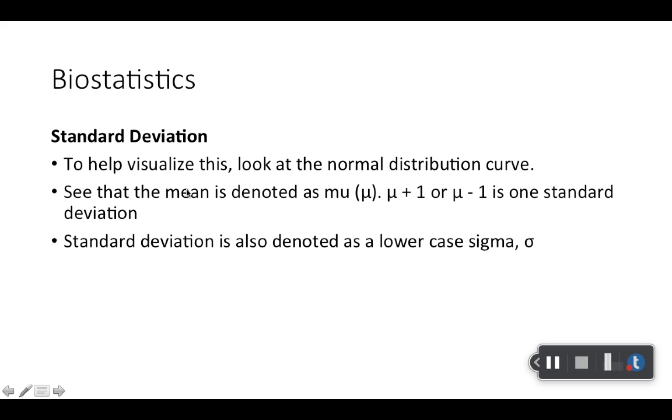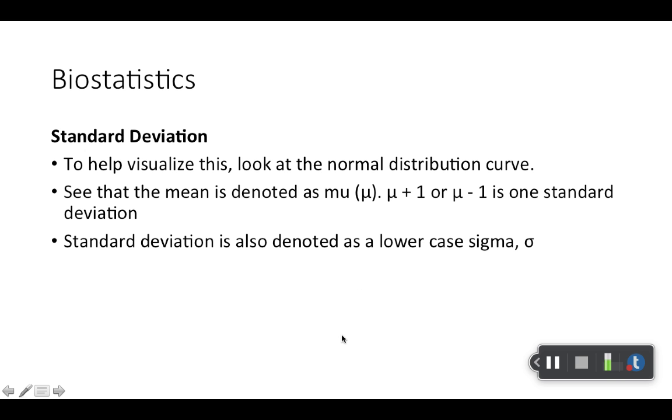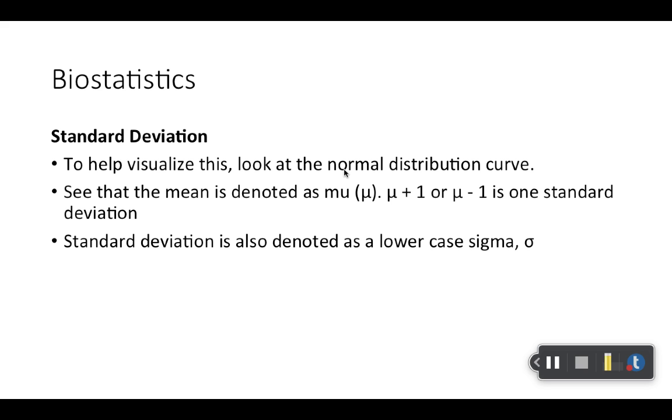Here we go. Here's the standard deviation again, just so you can see that. The mean is also denoted as mu. Then mu plus 1 or mu minus 1 is 1 standard deviation, with 68% of the data.